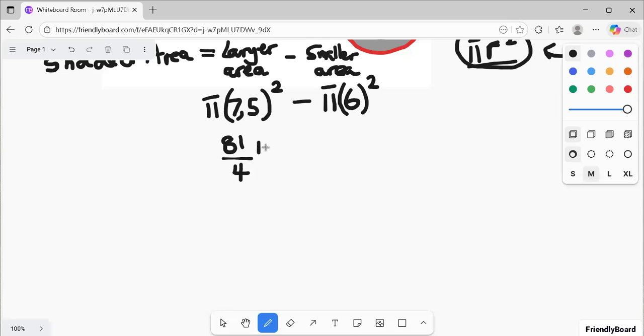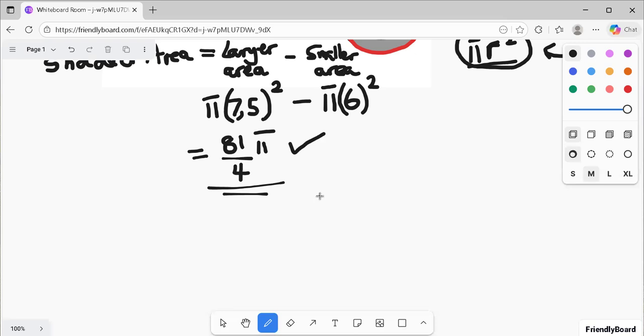That will be the answer if you work it out. So I just said pi times 7.5 squared minus pi times 6 squared. I subtracted the two together and it gave me 81 over 4 as a fraction. So again, leave it as a fraction.